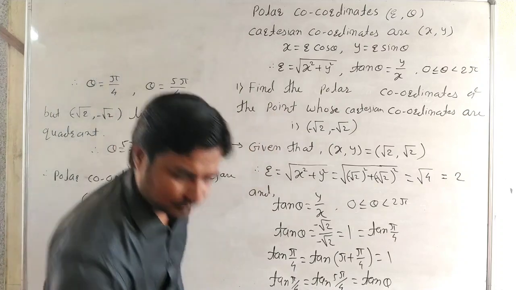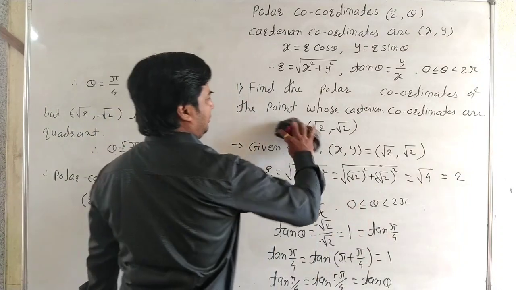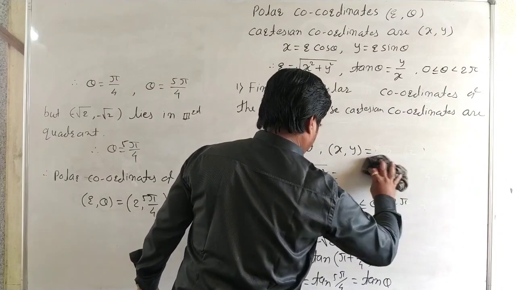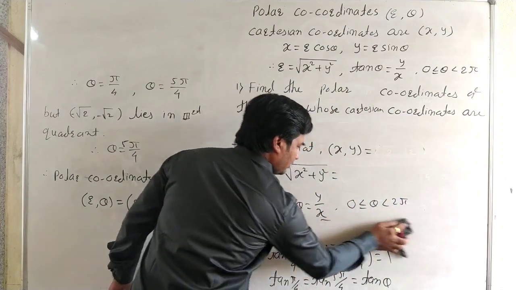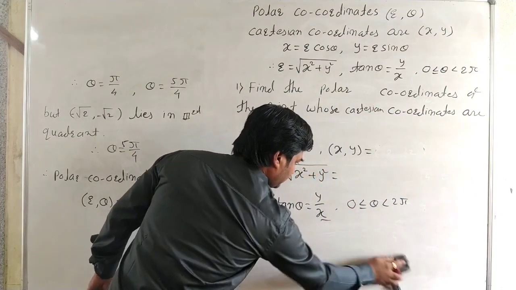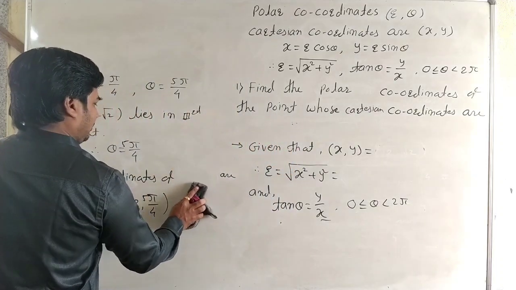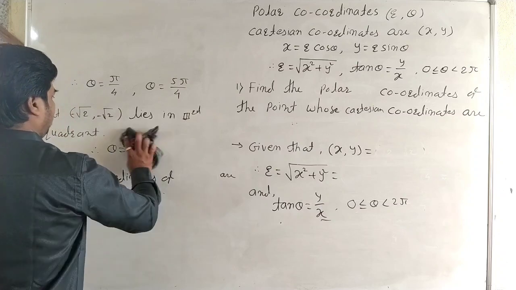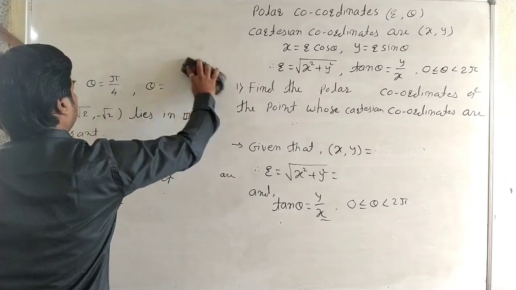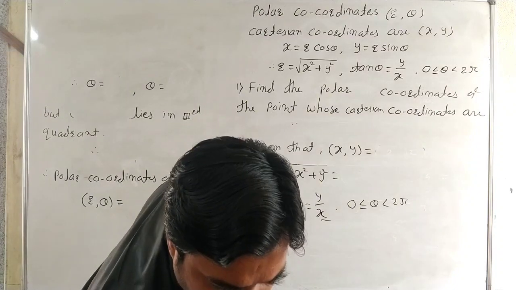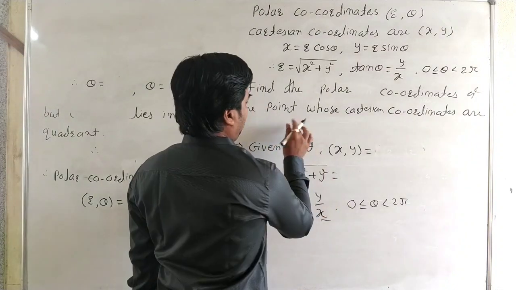Okay, here now the next example. Second example, 0 comma 1 by 2.